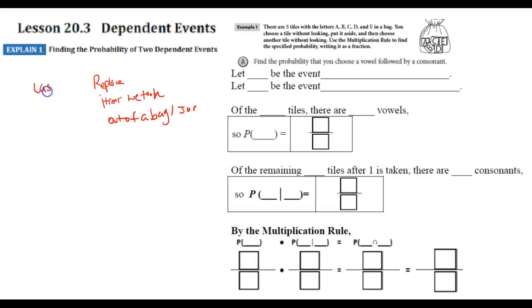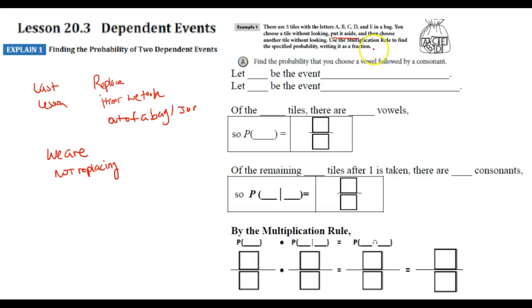In this lesson, we are not doing that. We are not replacing. In fact, we are taking out an item and putting it to the side. So that affects things: if we pulled out the letter C, we can't pull out the letter C again if we didn't put it back.